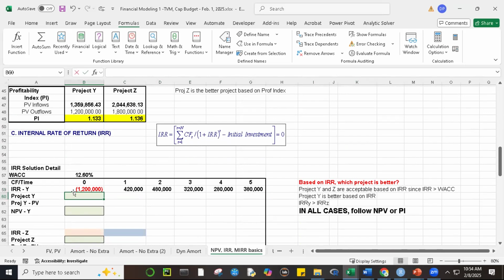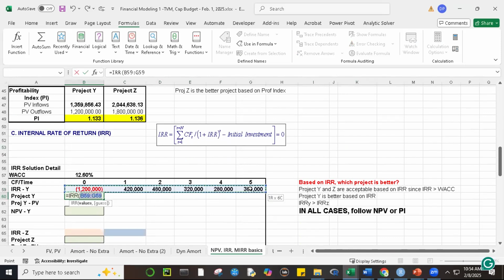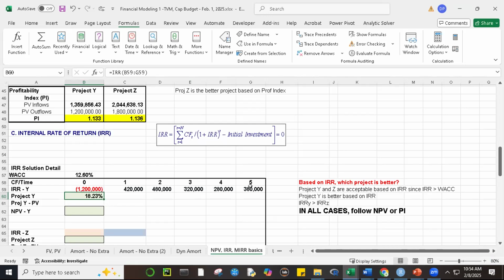So this is equal to IRR. And for IRR, you include all the cash flows. Control Enter. So the IRR of project Y is 18.23.